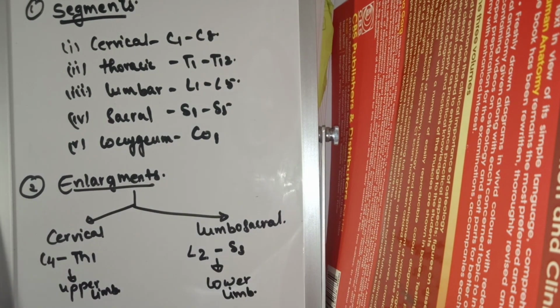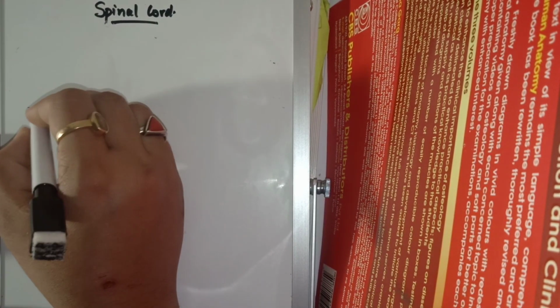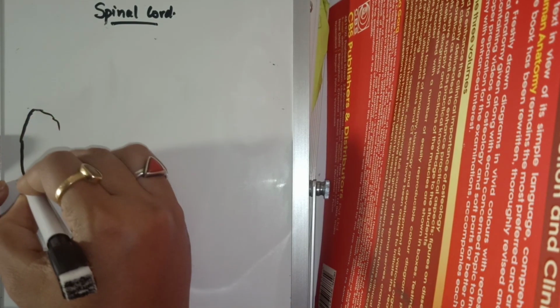Now we will see the fissures, sulci and funiculi of the spinal cord. So here we will draw a diagram of the spinal cord.